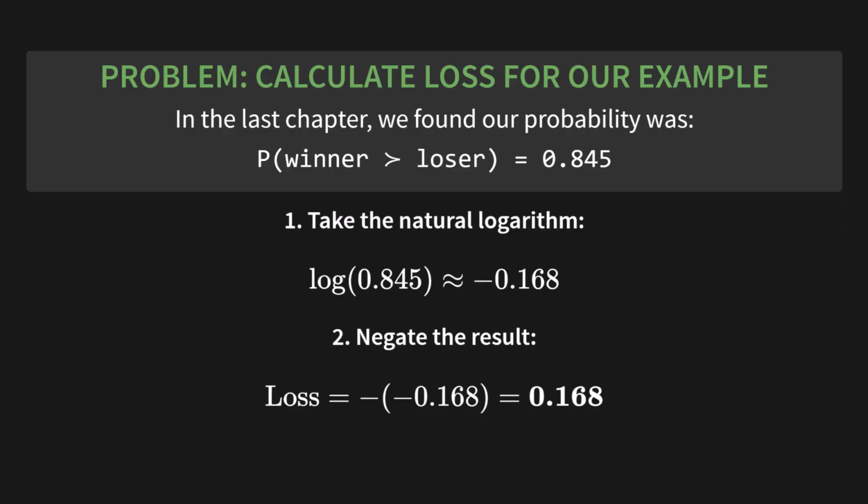Step 2. Negate the result. So the loss is negative of negative 0.168, which equals 0.168. This single number, 0.168, is our loss signal for this one preference pair. It's the number that tells the model exactly how wrong it was.